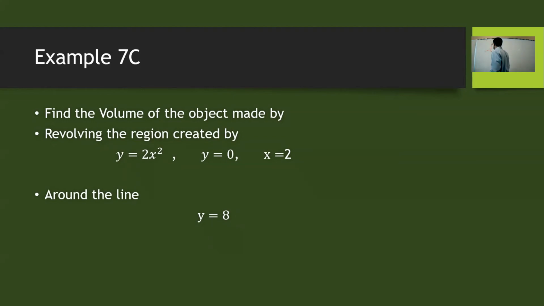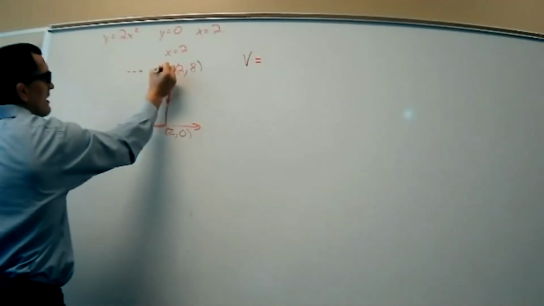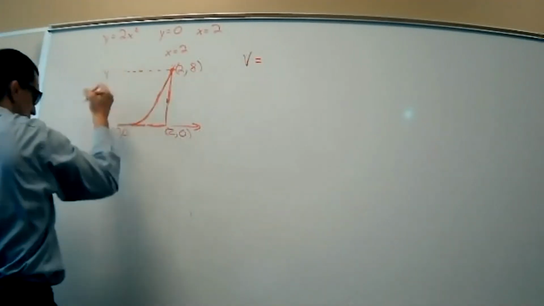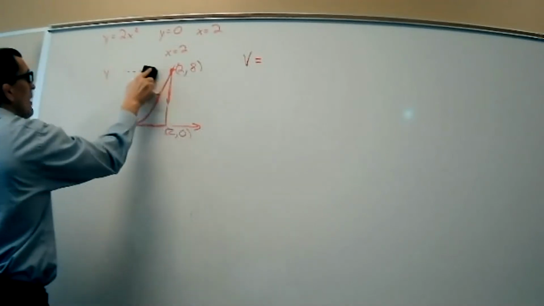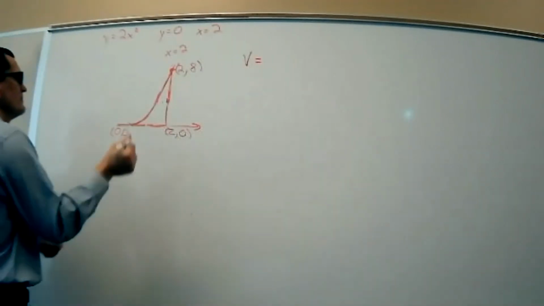All right, so let's go through this together. Hopefully you've done this on your own by now. If not, push pause on the video. So y equals 8 is a horizontal line. Horizontal line, y equals 8.